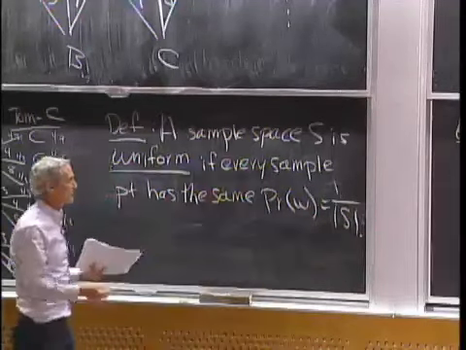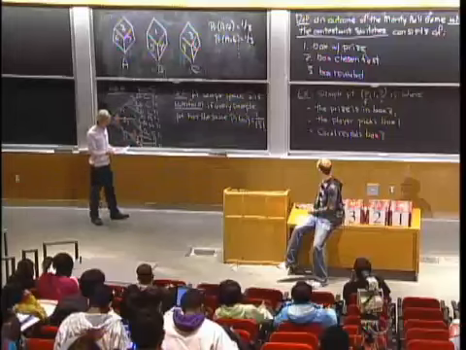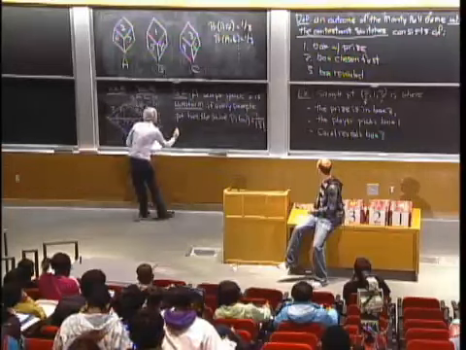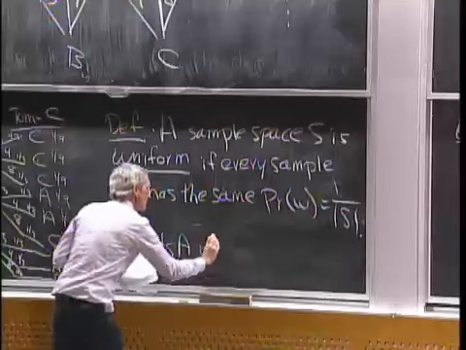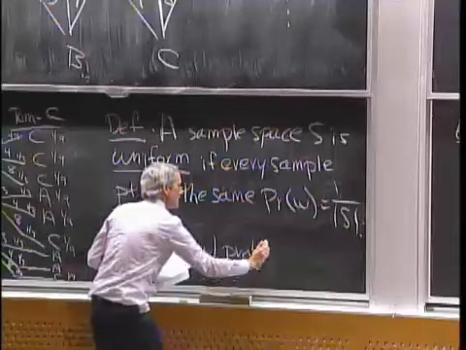In this case, there's 9 points. They each have probability 1/9. And in this case, C beats A with probability 5/9.